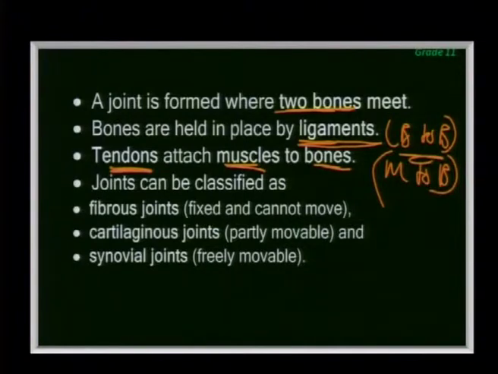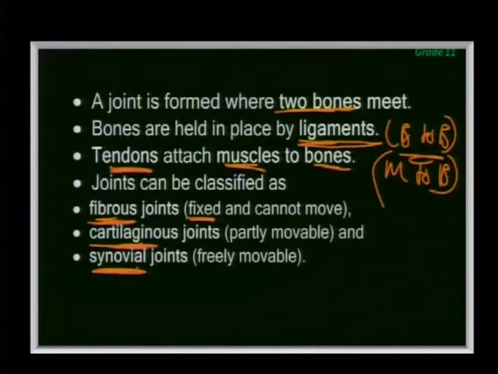Joints are classified into three types: fibrous joints, cartilaginous joints, and synovial joints. Fibrous joints are fixed. Now use your common sense. Where would a joint be fixed so that it can't move at all? Think hard.